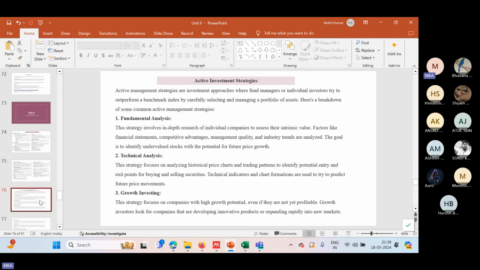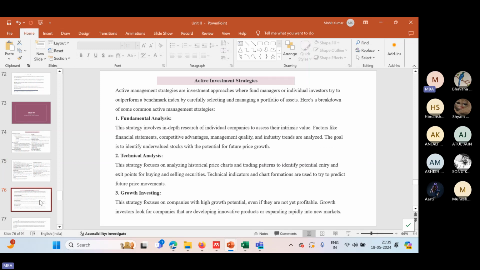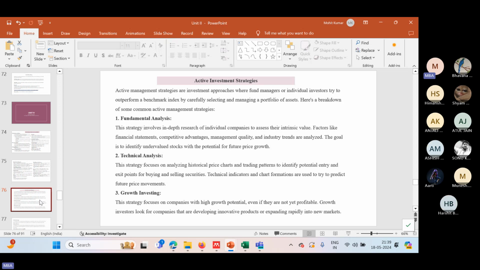Then we were discussing active investment strategies and passive investment strategies. Active investment strategies are investment approaches where fund managers or individual investors try to outperform a benchmark index by carefully selecting and managing a portfolio of assets.